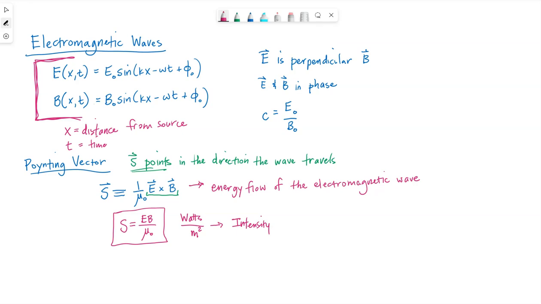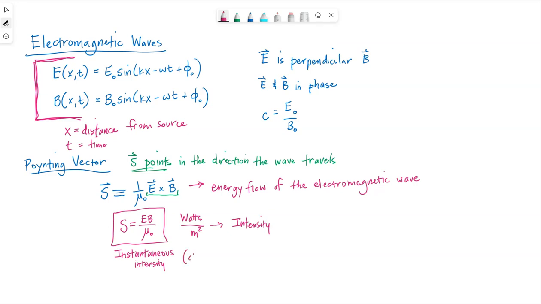Since E and B are varying both in where we're talking about and what time, this equation gives us an instantaneous intensity.